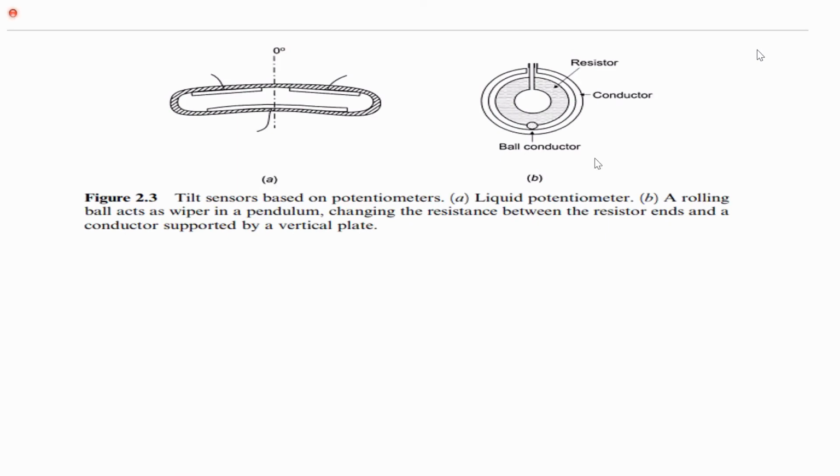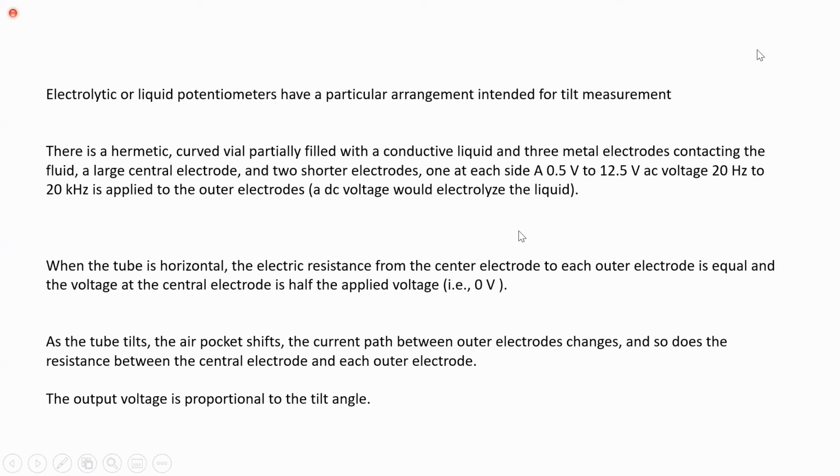So here we have the chemical based potentiometer. When the tube is horizontal, the electric resistance from the central electrode to each outer electrode is equal and the voltage at the central electrode is half of the applied voltage.